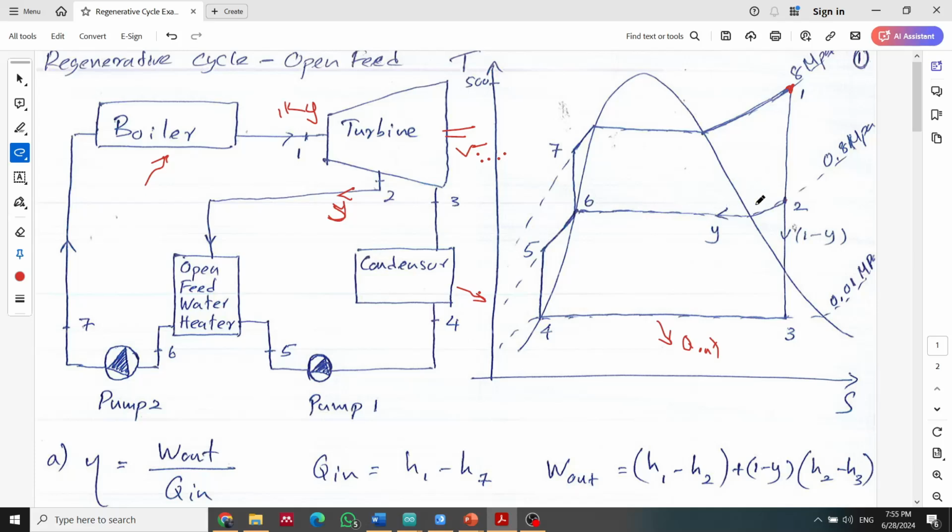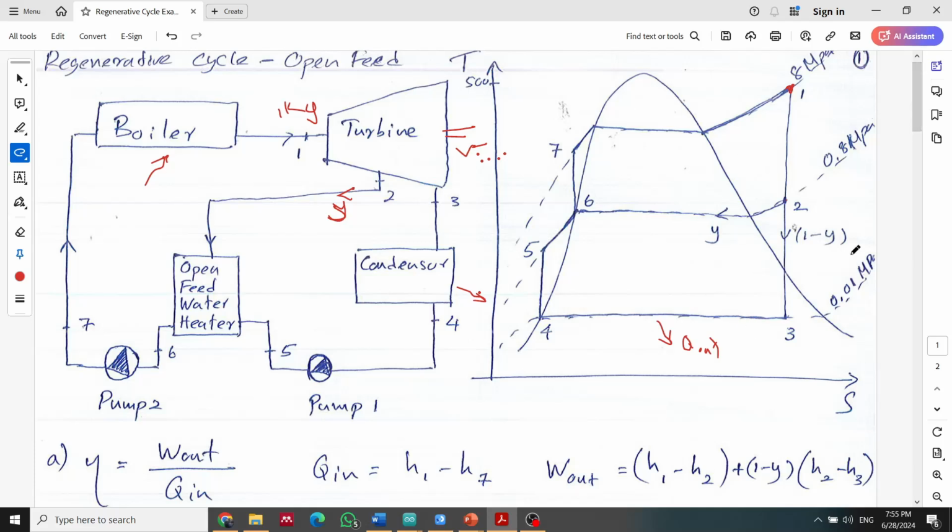Therefore we can't straight away say W out is equal to H1 minus H3. Instead, W out is equal to H1 minus H2, because you always get the 1 kilogram here, then it is divided into y and 1 minus y. So H1 minus H2 plus 1 minus y times H2 minus H3. That is our W out.